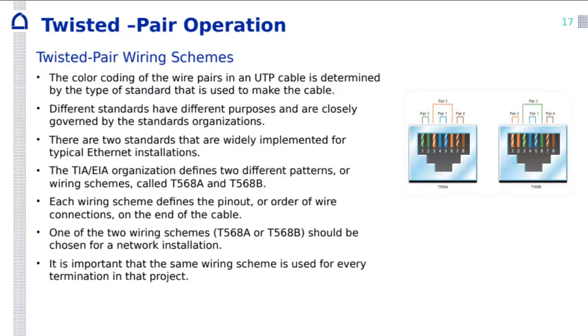We have T568A and T568B. If I want to use one of them, I should use it at both sides, both ends. Okay. So you have to be sure about that. So if I am using this wiring scheme, these colors, I should use it for all over my network or my project.